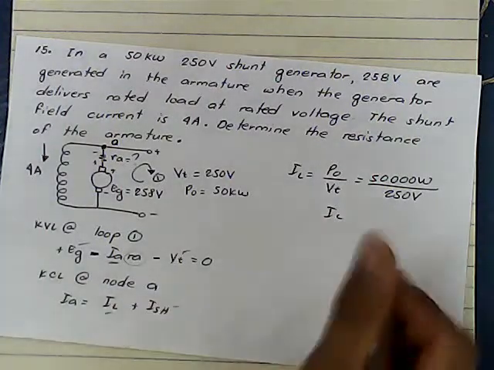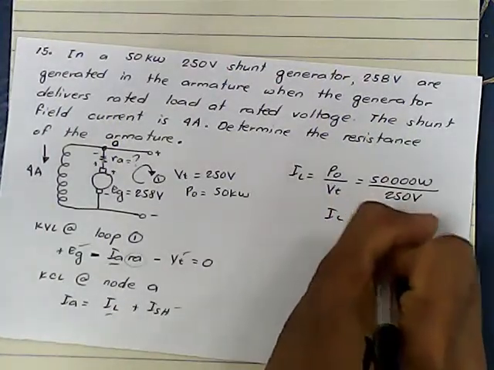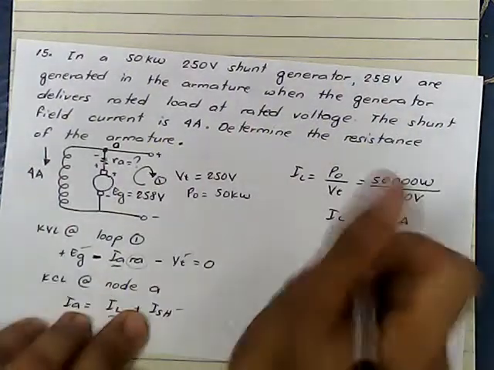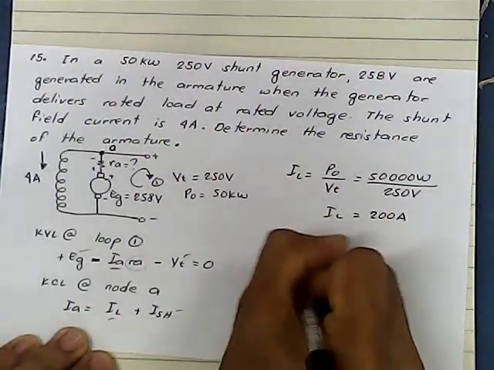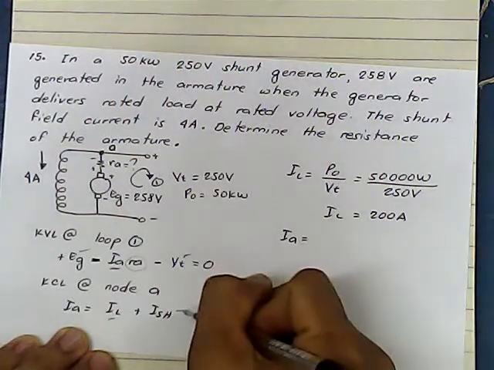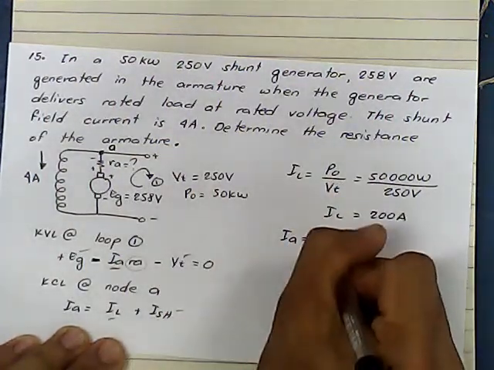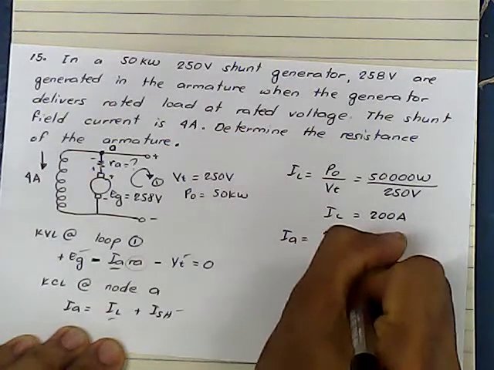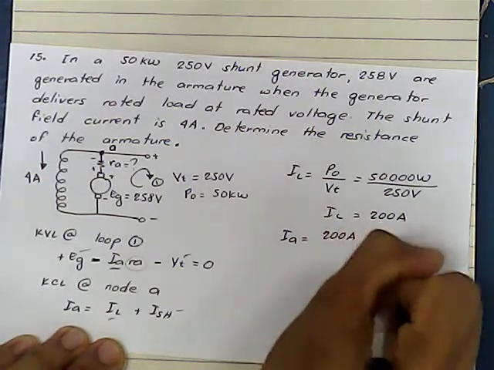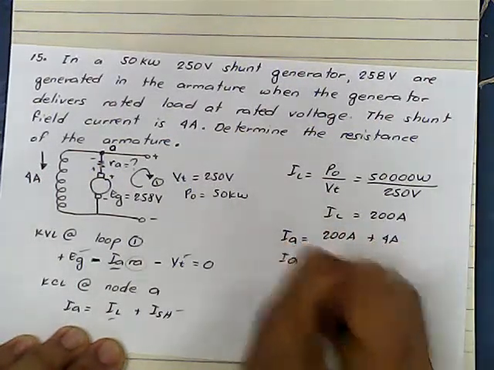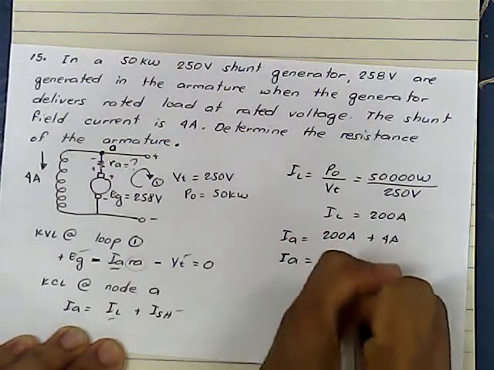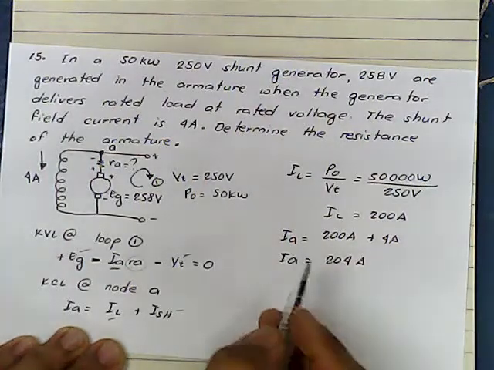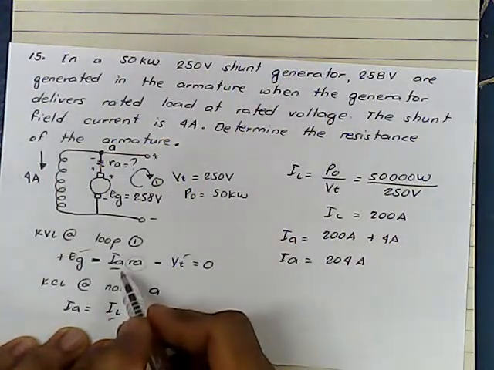Okay, so this will give us 200 amperes. So, pwede na natin i-substitute dito sa equation ng IA dahil given naman na po yung ating ISH as 4 amperes. So, 200 amperes plus 4 amperes, IA is going to be 204 amperes na pwede na natin pong i-substitute dito.